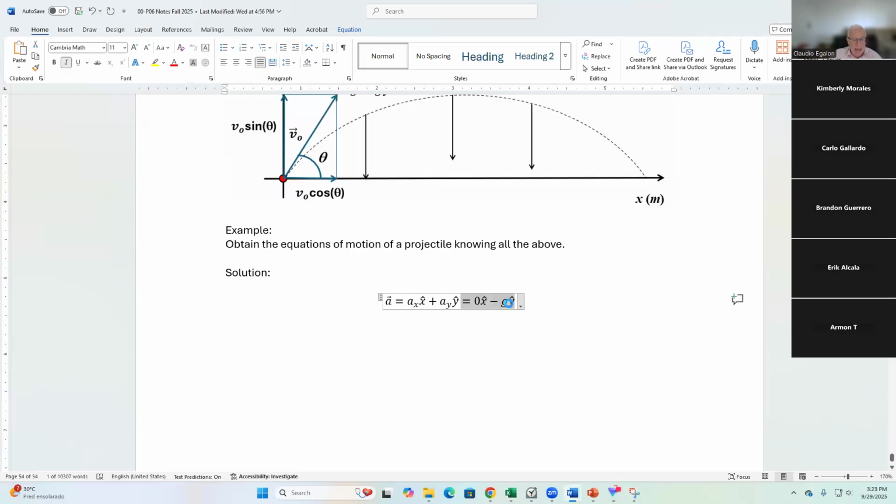I am emphasizing the fact that the acceleration along the x direction is 0. So we can rewrite that in terms of the components: ax equal to 0, ay equal to minus g.